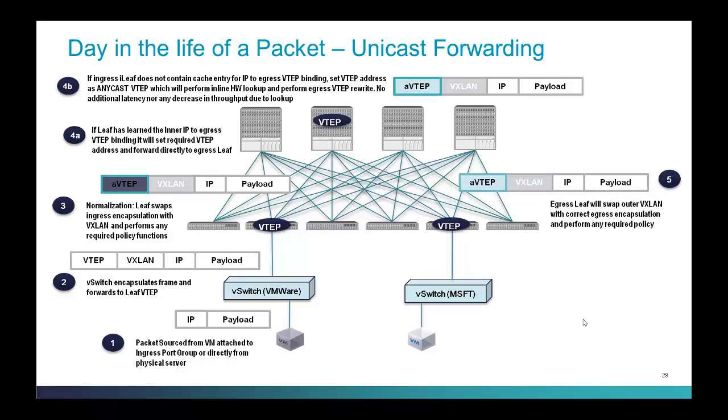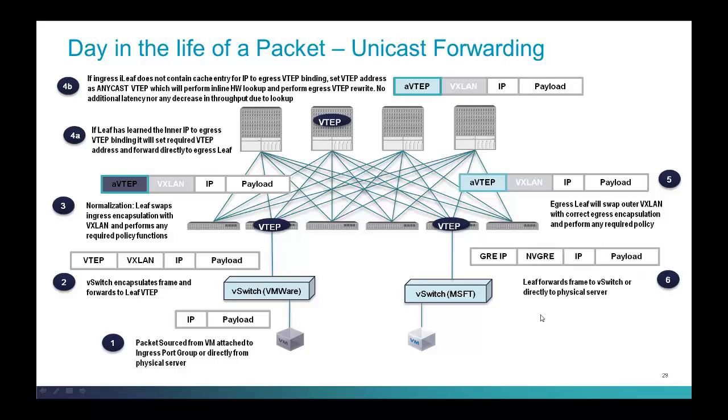Then it'll get to the destination leaf, and then it will swap the VXLAN header from here to whatever the header needs to be down here, and forward it to the vSwitch and to the endpoint. Everyone's happy.